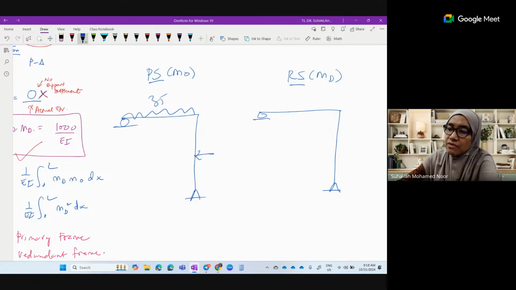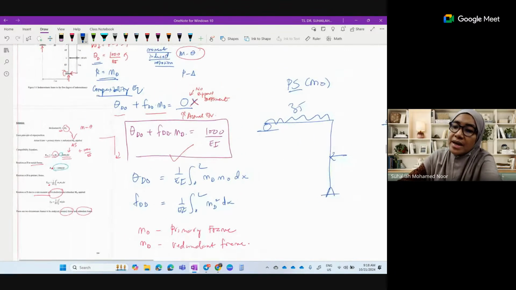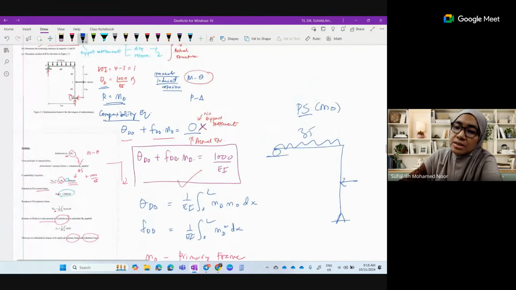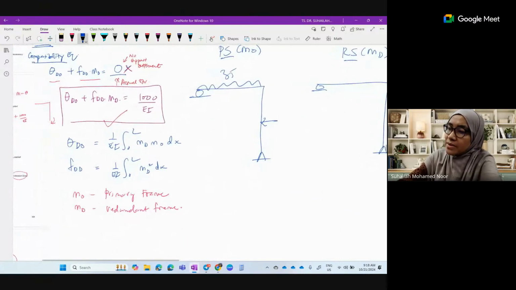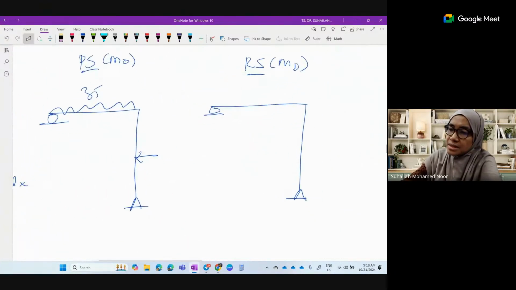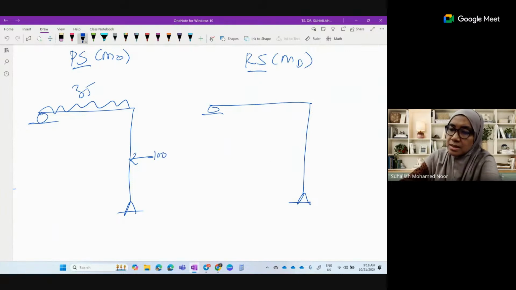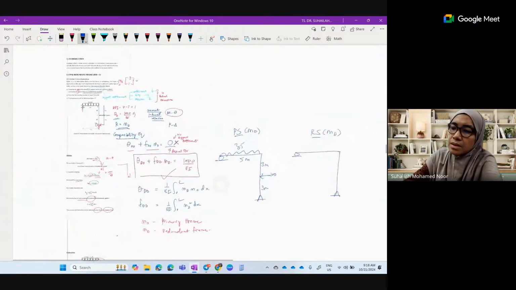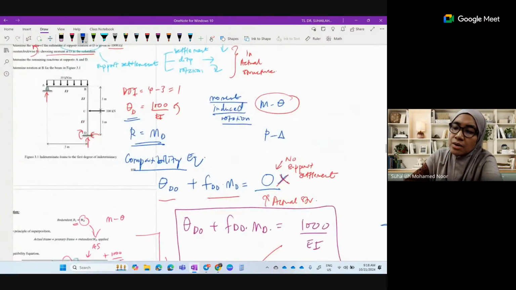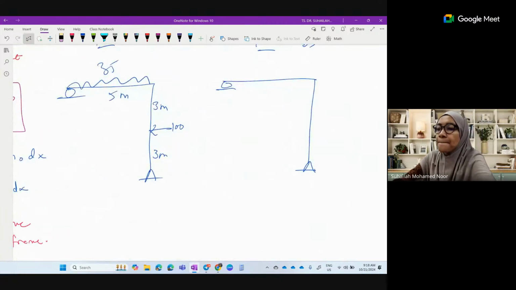Primary 35 and 100. Here 100. Here 5 meters, 3 meters, 3 meters. Is EI constant? EI constant, all EI.